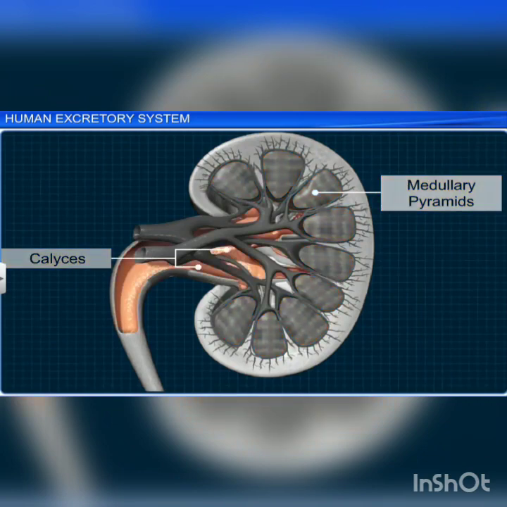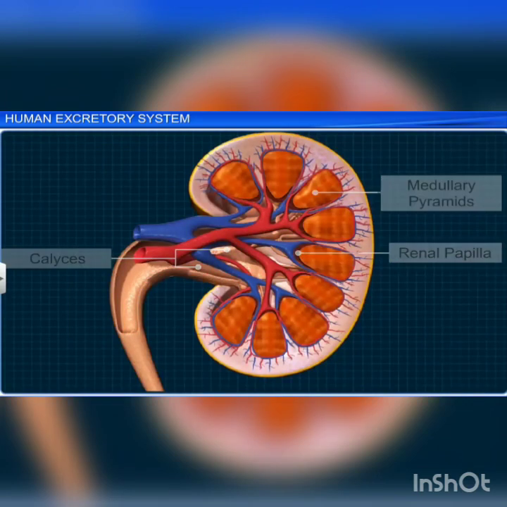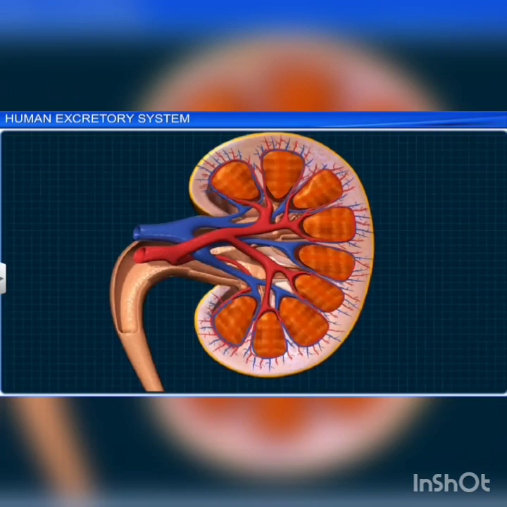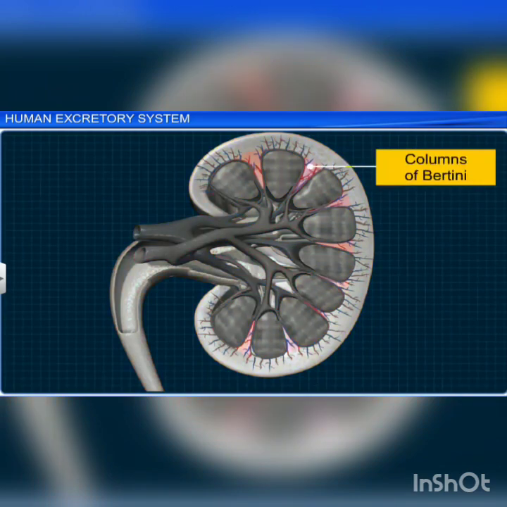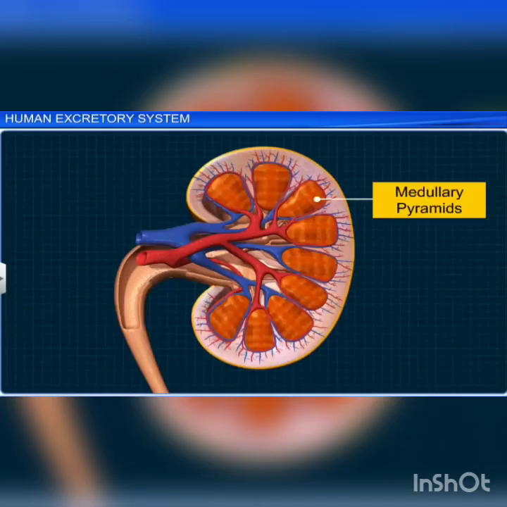The tip of each medullary pyramid is called a papilla. The cortex protrudes or extends between the pyramids as renal columns called the columns of Bertini. The medullary pyramids project into the calyces, which lead to a wide funnel-shaped space called the renal pelvis.